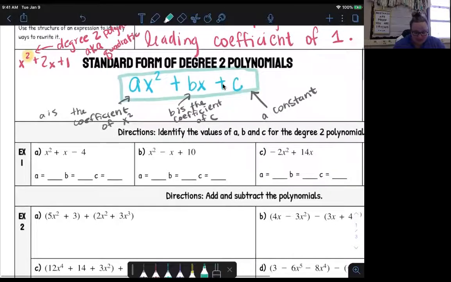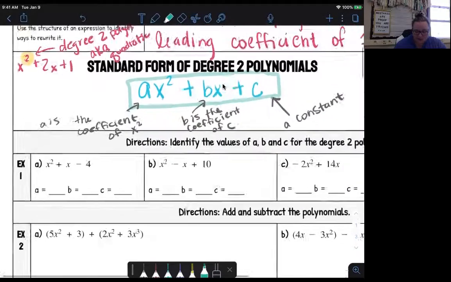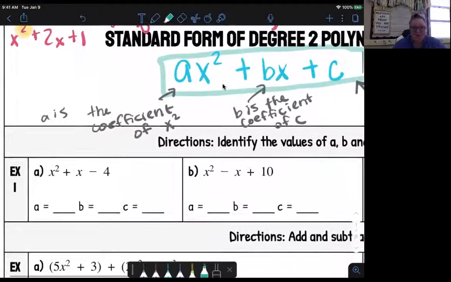So if you look at x squared plus x minus 4, what are a, b, and c in the standard form of this polynomial? Remember, standard form is ax squared plus bx plus c. So a is whatever is being multiplied by x squared. Technically, there's a 1 out in front of x squared, so a would be 1.